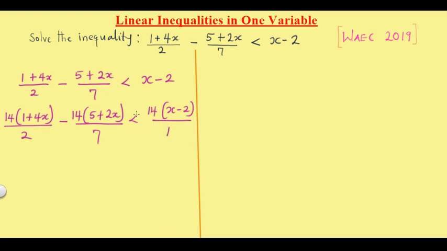So what we have done here is look for the LCM of 2, 7 and 1, which gives us 14. Then we multiply each of the terms by the LCM.